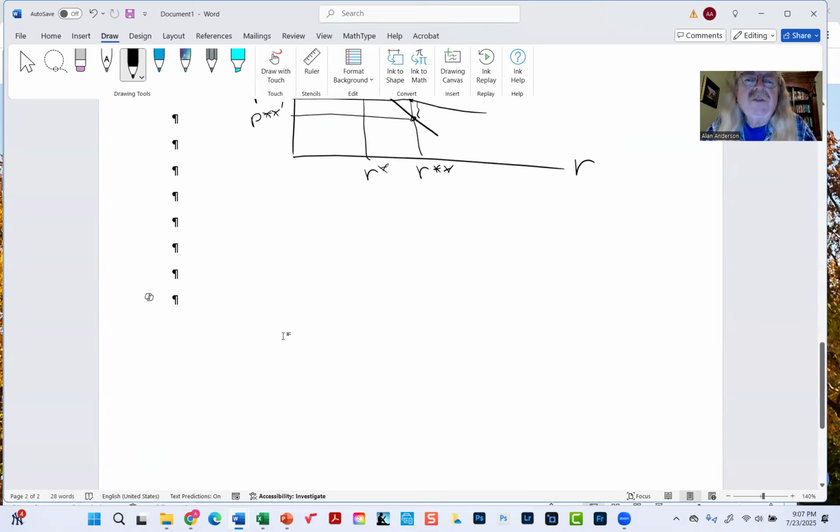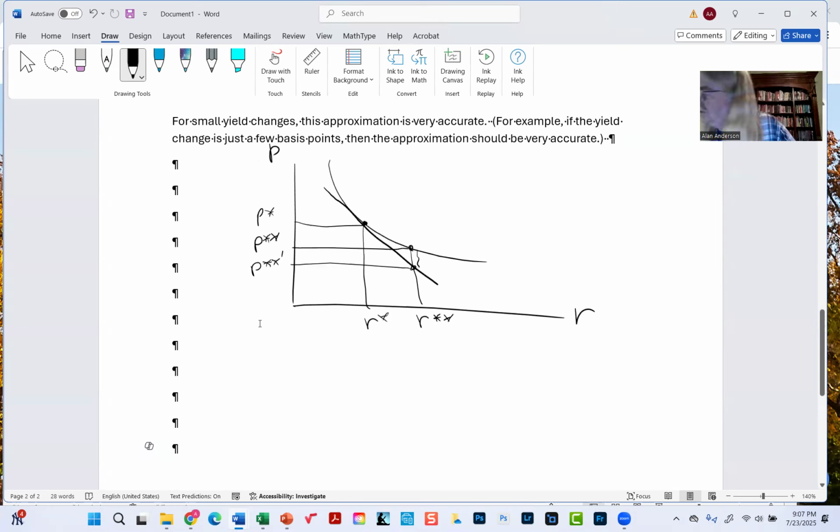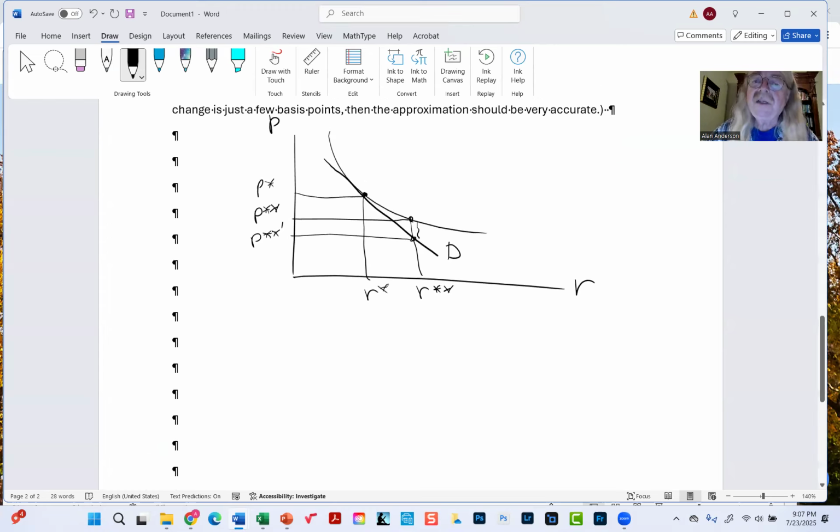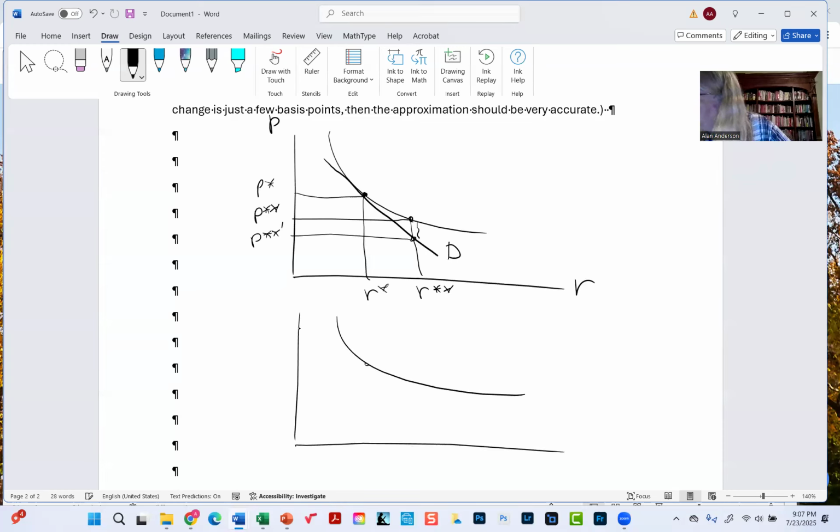So in other words, if you just do duration, you're going to get potentially at least an inaccurate look at the change in the price. But if you now combine duration and convexity, you'll end up with something more like this. So here's duration.